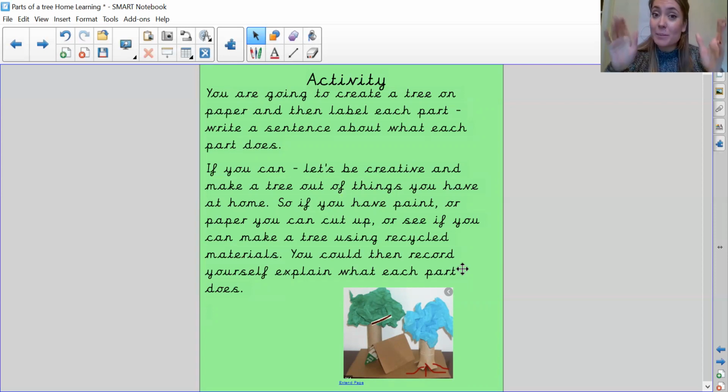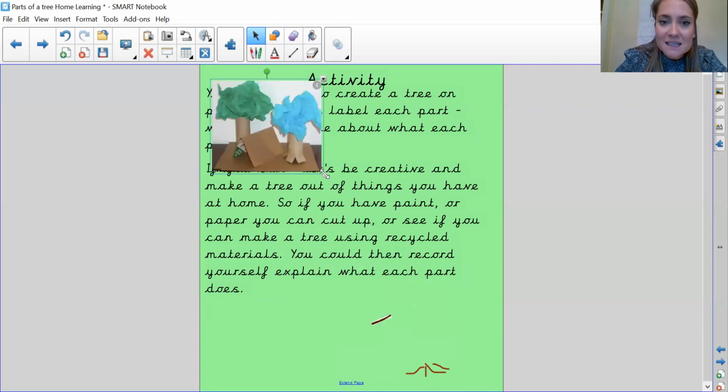You could create a tree on paper if you want, label each part and write a sentence about it. Or you can make the tree using lots of things around your house. So if you have paint, or you might have some paper, you can cut it up or see if you can make a tree using recycled materials. And then you could record yourself explaining what each part of the tree does.